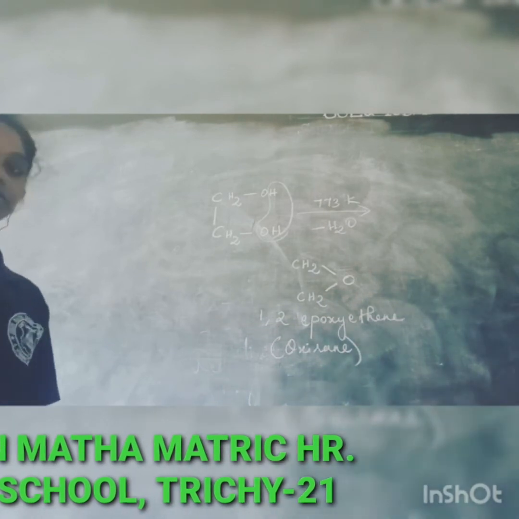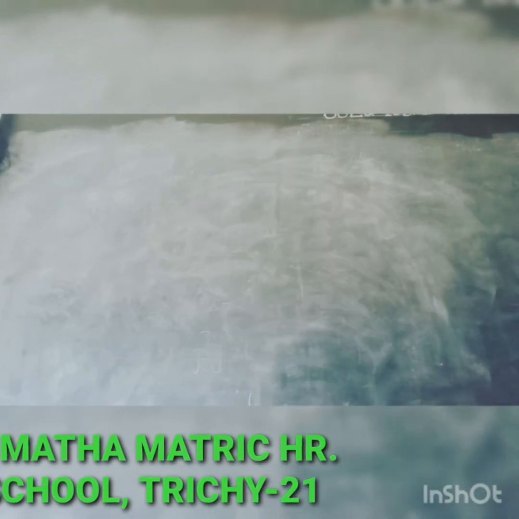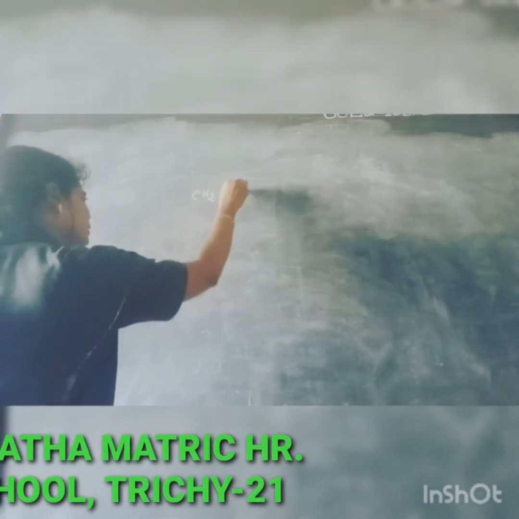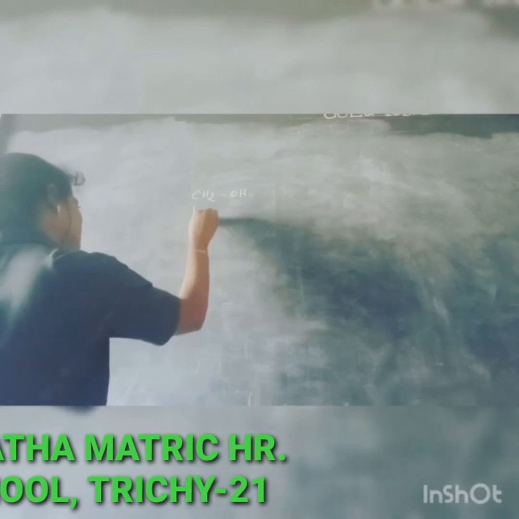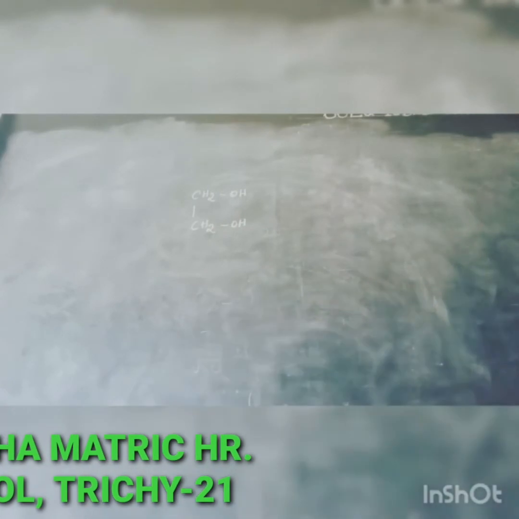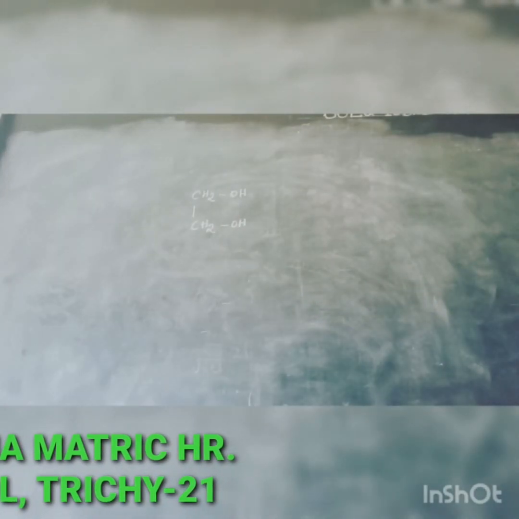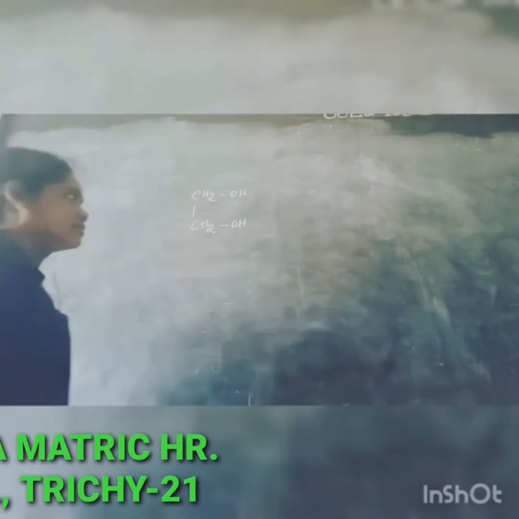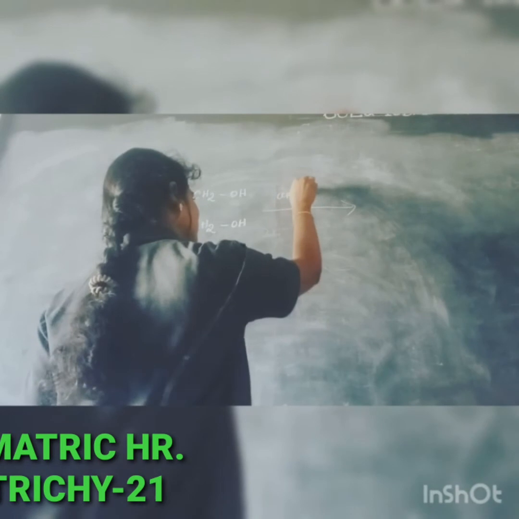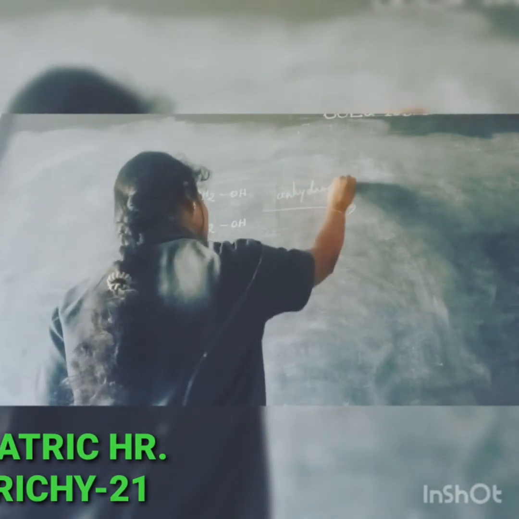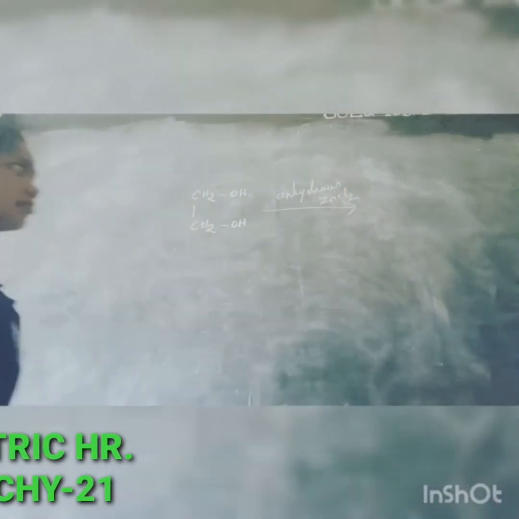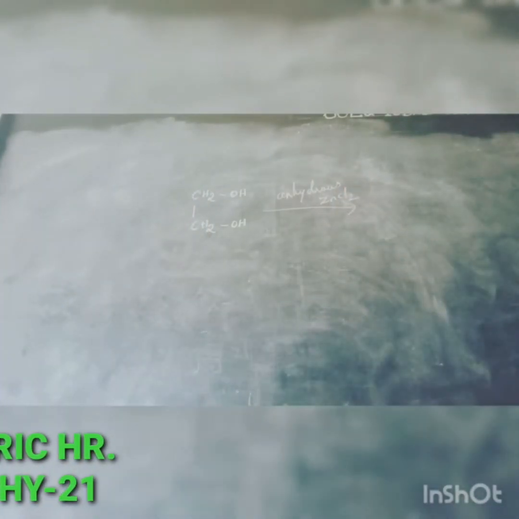Okay, let us see the equation. So ethane 1,2 diol, CH2OH, CH2OH, in the presence of anhydrous zinc chloride. So remove water molecules. How to remove water molecules?